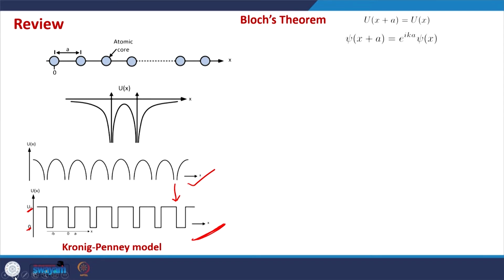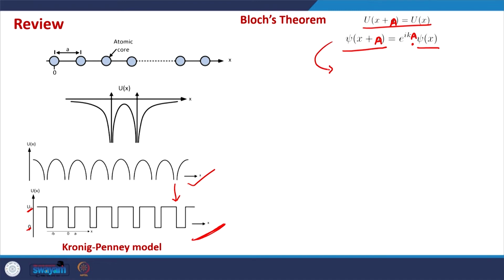What Bloch's theorem says is that if the potential is periodic, which means U(x plus a) is equal to U(x), where U(x) is the potential profile, then the wave function of the particle is given as psi(x plus a) equal to psi(x) times e to the power i k a, where a is the period of the potential energy profile.